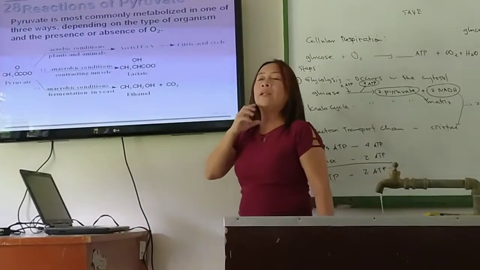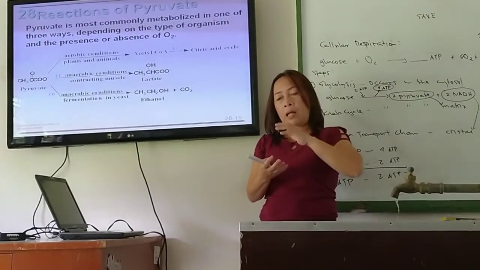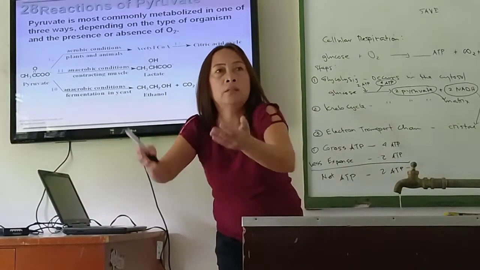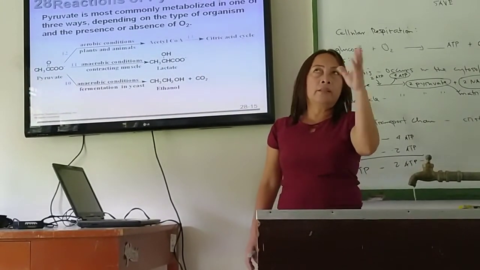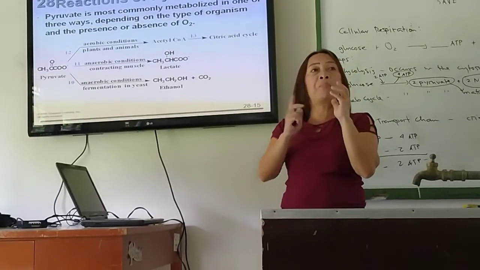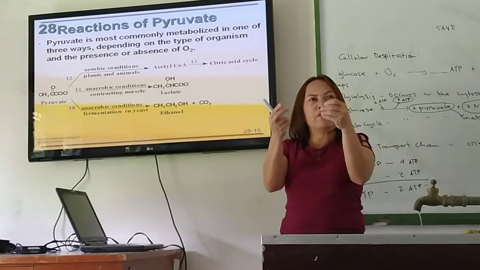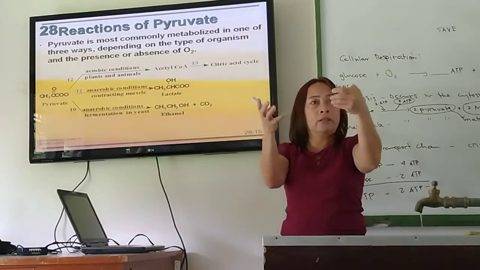Now, when the dough is already risen, then of course you have to place it in the oven. The yeast will die because of heat. And when it's baked already, when you open it up, the alcohol will just be liberated because it's heated.